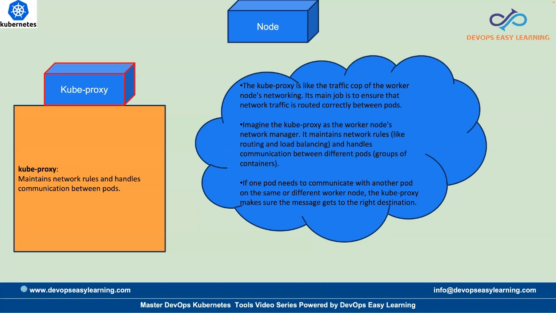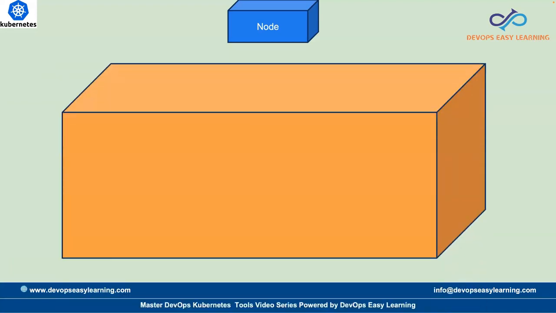Just to recap what has been said so far, inside the node we have three important elements. The first one is kubelet, the element that manages containers and reports back to the control plane through the API server.